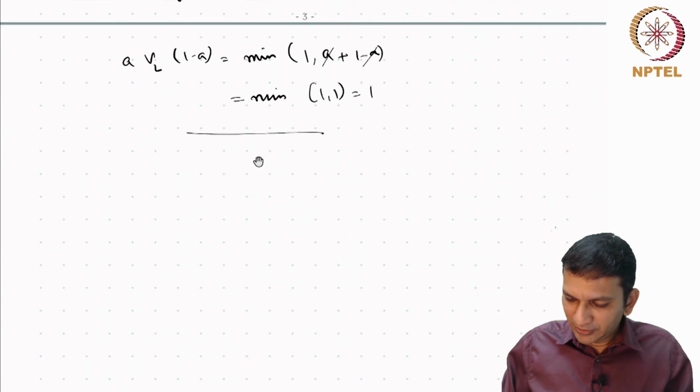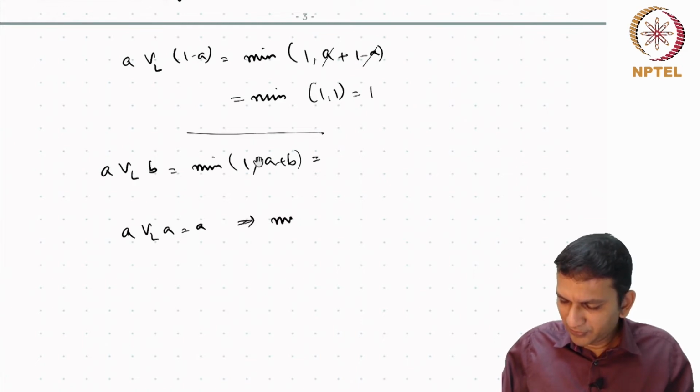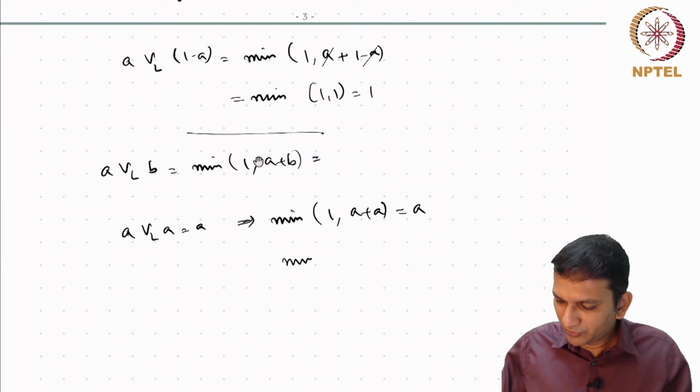So we know that A join B is given as minimum of 1 comma A plus B. We want this to be idempotent, which means A join A should be equal to A. This implies minimum of 1 comma A plus A should be equal to A. Now this is minimum of 1 comma 2A.